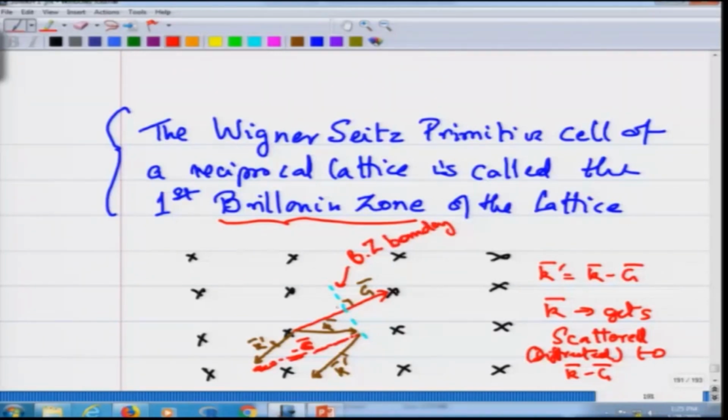So for waves which are scattering from the Brillouin zone boundary, they will get scattered to k minus G. This is the minus G direction, okay. And this is the Brillouin zone.